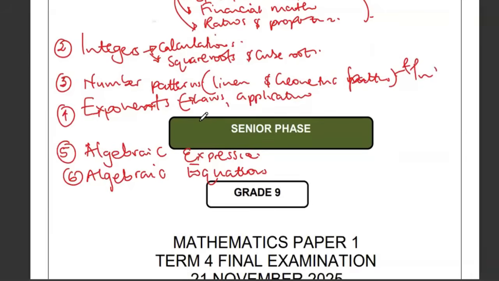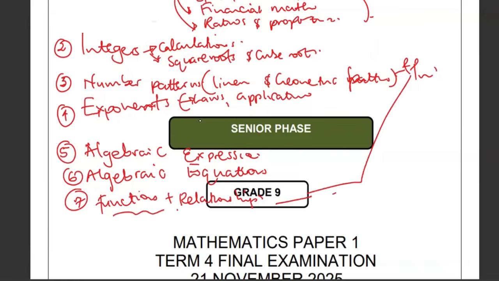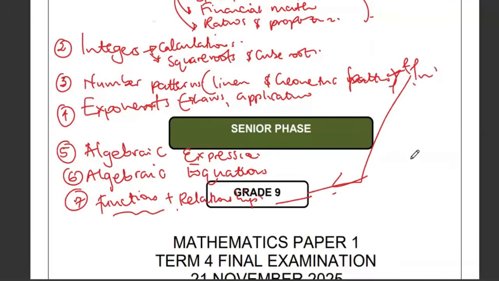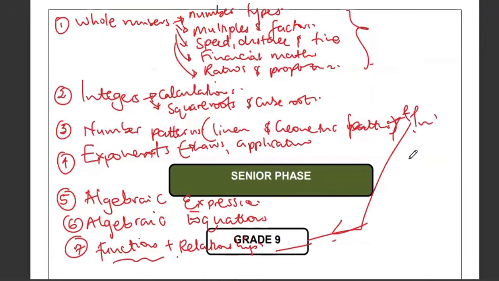And then lastly, the last topic for paper 1 has to be functions and relationships. That's when you do your bit of graphing and determining the rule and all of that. So it's more linked to the number patterns. It works hand in hand. So basically, those are the topics for paper 1. Whatever is not here comes straight into paper 2.